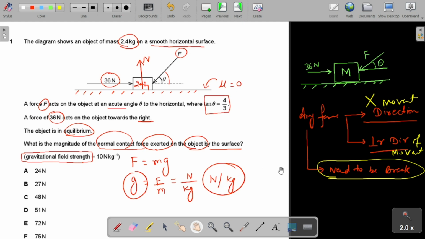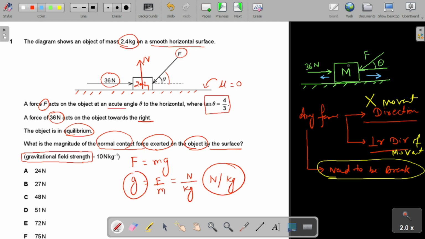So let's think which force is not in the direction of motion or perpendicular to it. As you can see, if we push this block, the major possibility is that it goes in this direction or in this direction, right?